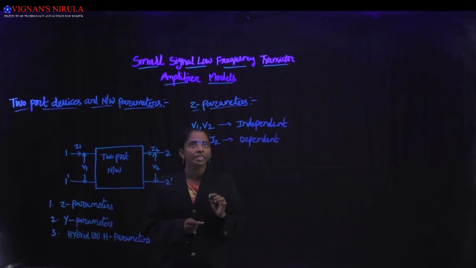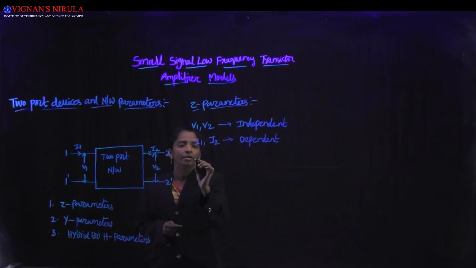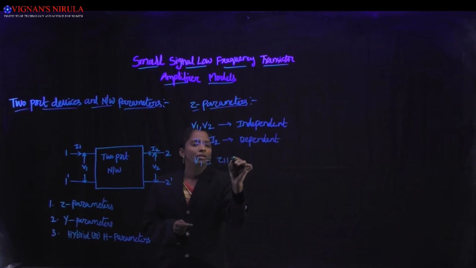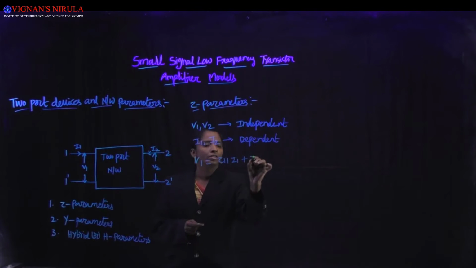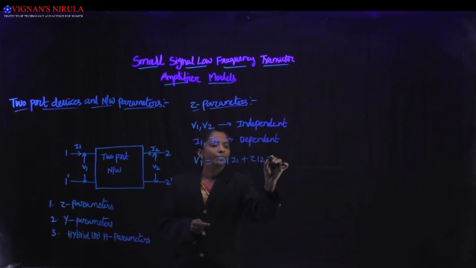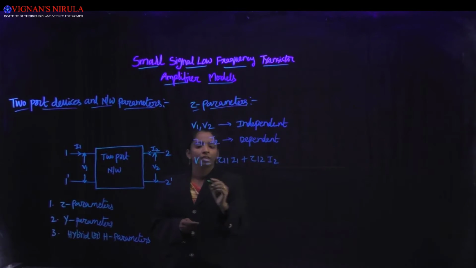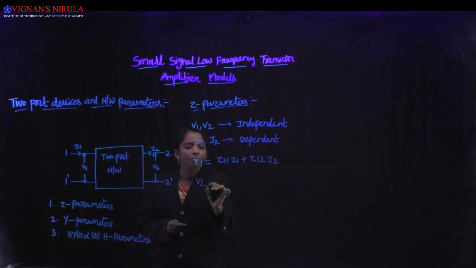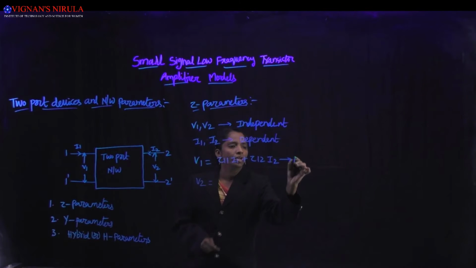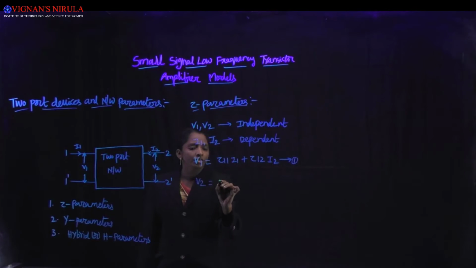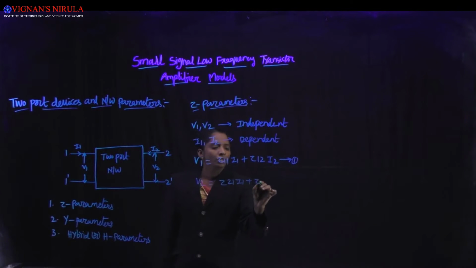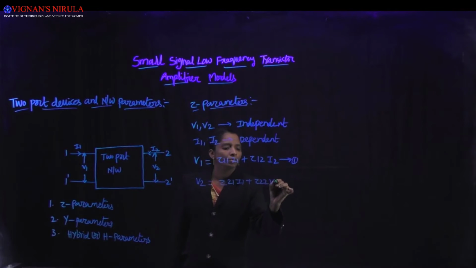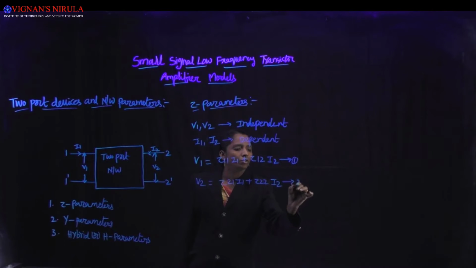So the equations for Z parameters are V1 equal to Z11 I1 plus Z12 I2, this is equation 1, and V2 equal to Z21 I1 plus Z22 I2, this is equation 2.